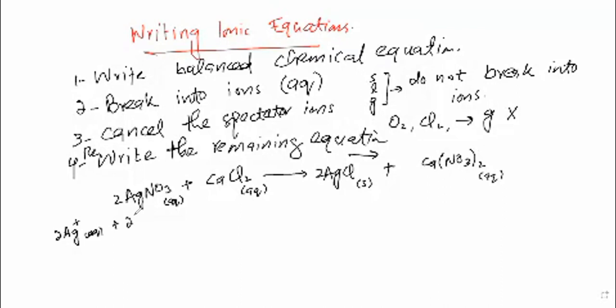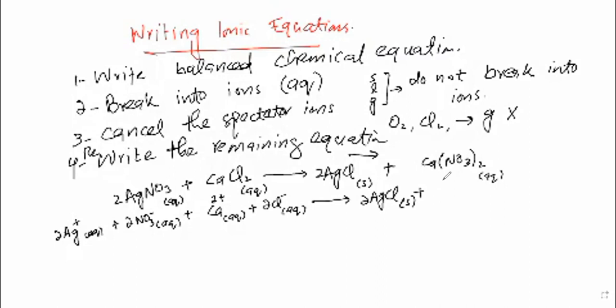Same, two nitrate ions will be formed, NO3 minus, aqueous. Plus calcium 2+ ion will be formed, also aqueous in the water. Two chloride ions will be formed, those will also be aqueous. But this 2AgCl will remain as it is because it is a solid. It will not break down. It is insoluble. It will not decompose into its ions.